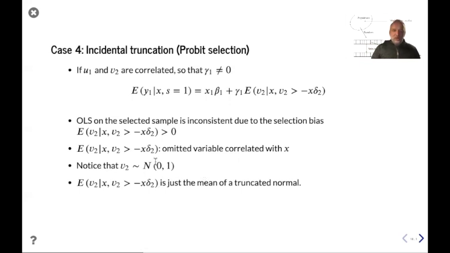Since we now want to move forward and try to correct for this problem, we may want to derive that. Since this v2 is standard normal distributed, and we know the selection rule, why don't we just calculate a formula for this expression, which takes the form of a mean of a truncated normal distribution.